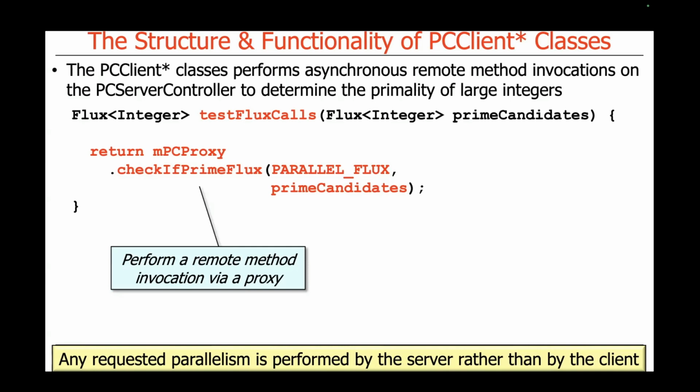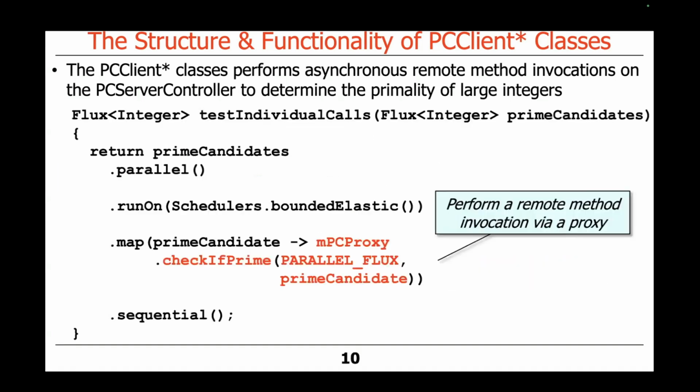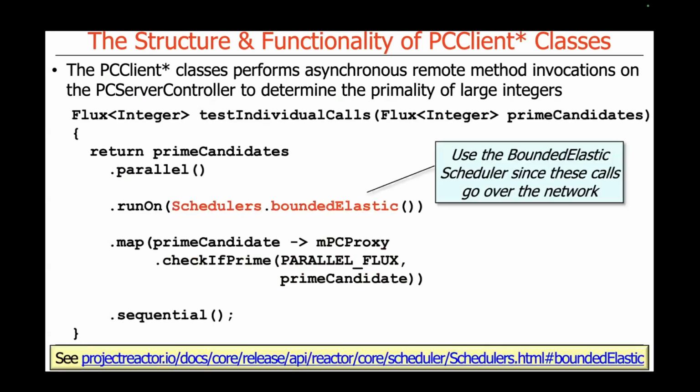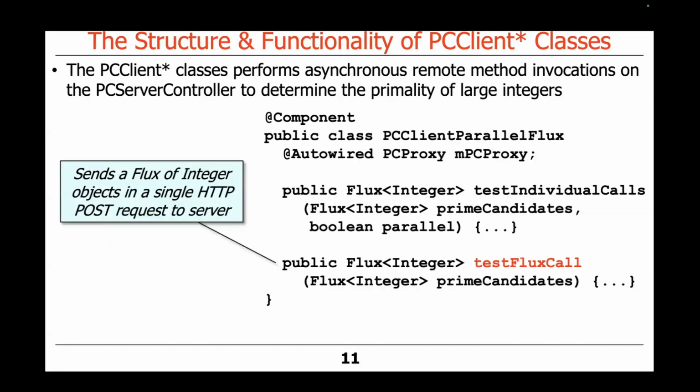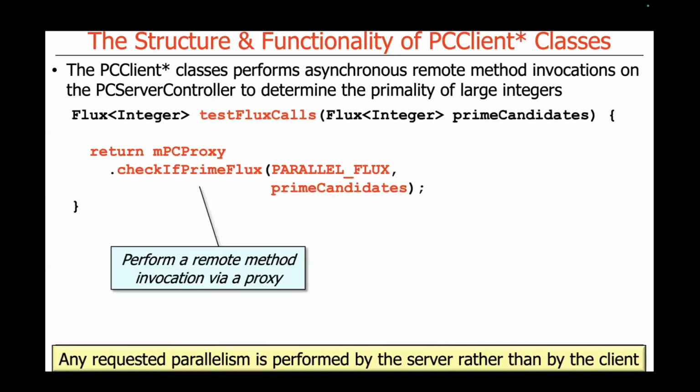In this model, the parallelism is performed by the server rather than the client, whereas before, the client provided the parallelism and the server just did each thing one at a time. It'll probably come as no great surprise that the checkIfPrimeFlux implementation works a lot faster, because we're only doing a single remote method invocation rather than making each call its own remote method invocation.